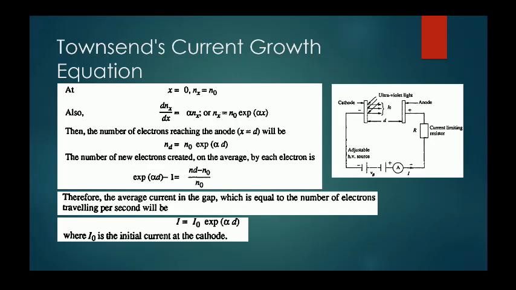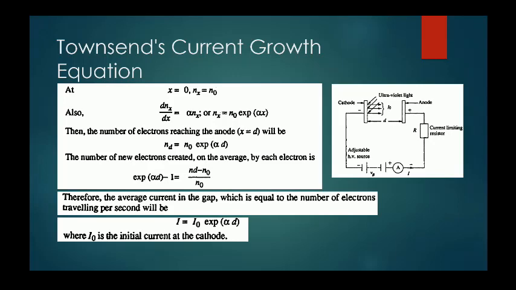Now we have alpha, the average number of ionizing collisions made by an electron per unit distance. Let's say this electron travels a small path dx. Then multiplying alpha with dx gives the number of collisions the electron experiences over a length dx. That is for one electron.